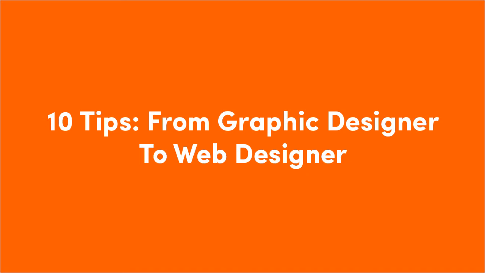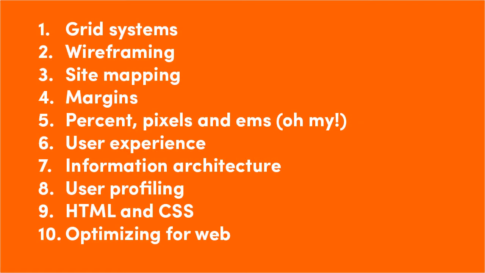And so this is a video containing 10 tips for what I think you should learn if you want to make this change. So number one, grid systems. Grid systems is an important thing of graphic design. Things don't get organized and look great just on their own.